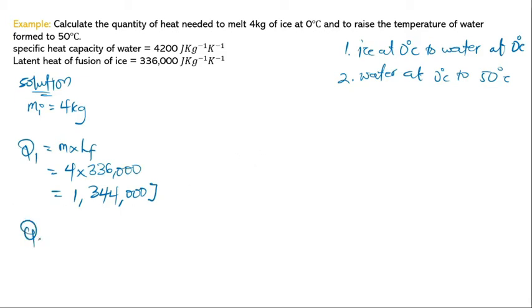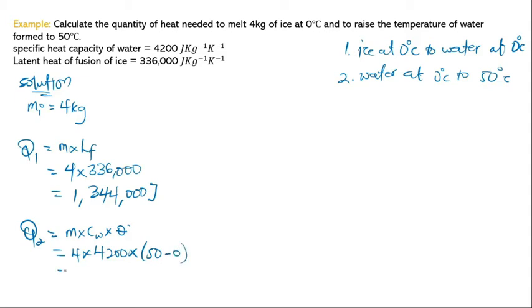Now the second amount of heat, needed to convert water from 0 degrees Celsius to 50 degrees Celsius, is just the normal way of calculating the heat energy of a substance. That is the product of the mass, the specific heat capacity of water, and the change in temperature. The mass is still 4, multiplied by 4,200, the specific heat capacity of water, multiplied by the change in temperature, which in this example is 50 minus 0.